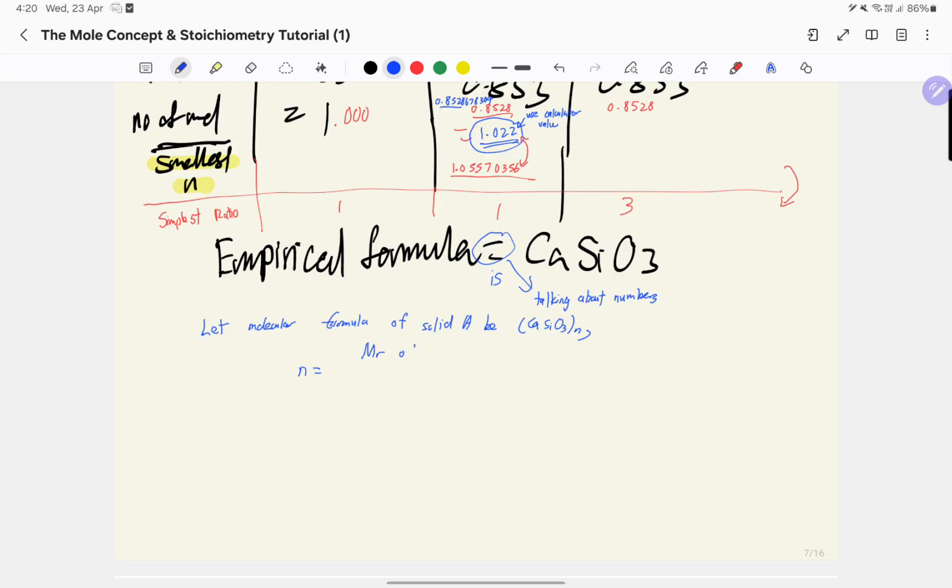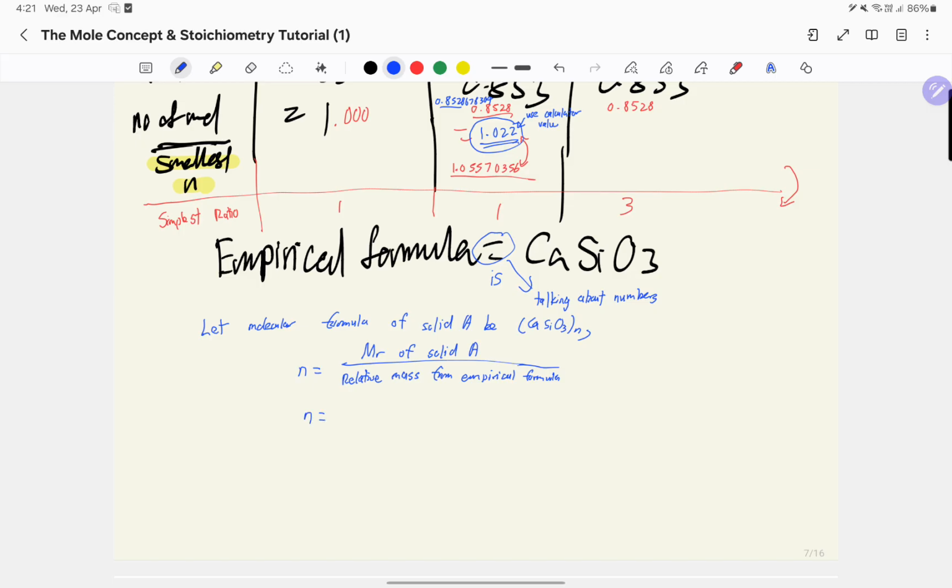You take the Mr of solid A divided by the relative mass from the empirical formula, which is CaSiO3.